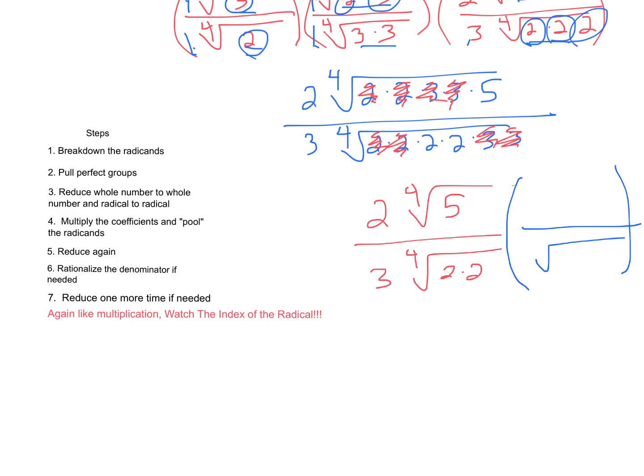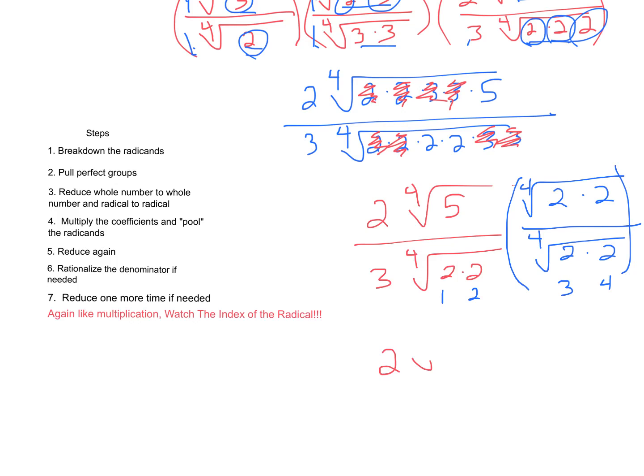Alright, 4th root. I've got 1, 2 2s, and I need 4 of them to make a perfect grouping. So 2 times 2, 2 times 2. Alright, so let's pool this, multiply it.